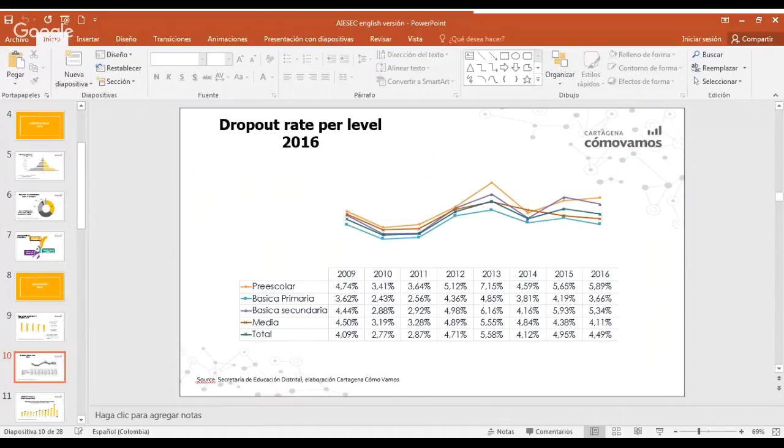In 2016, the dropout rate was 4.49%, which represents a small decrease compared with 2015, when it was 4.95%.